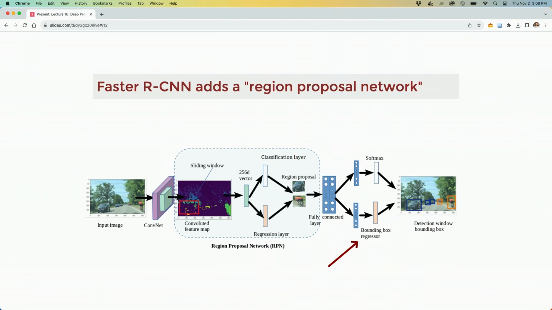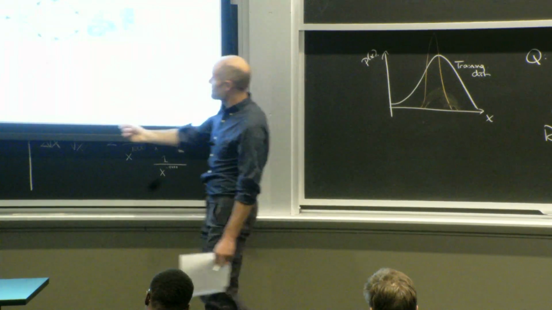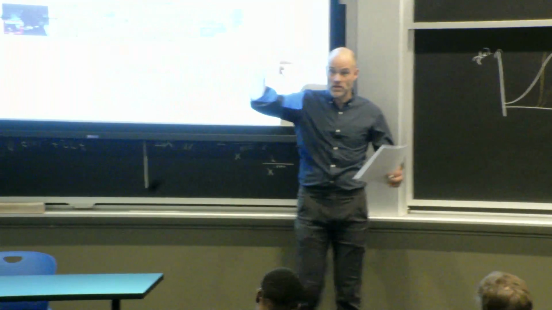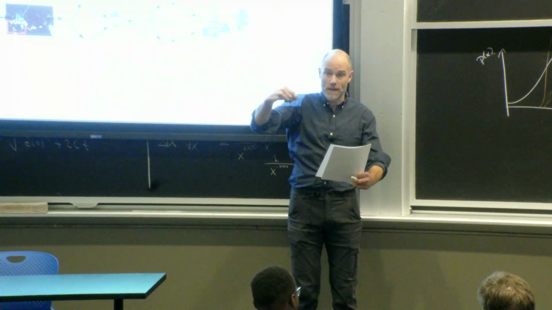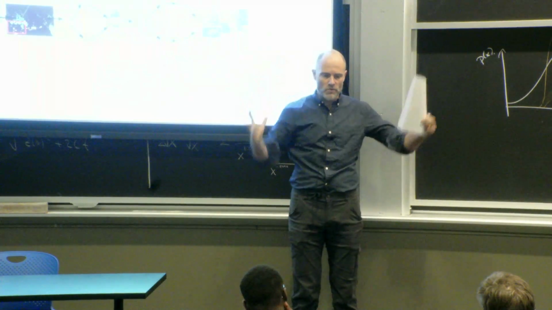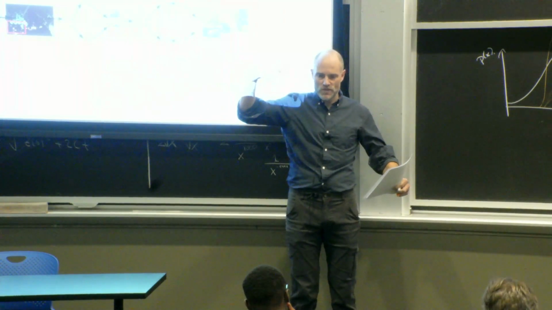And then after it identified the box, you found an object in the box, there's one extra step introduced in Faster RCNN, which would adjust the box to be a tighter bounding box. That way your region proposals didn't have to be perfect. You weren't just going to output the proposed region again.